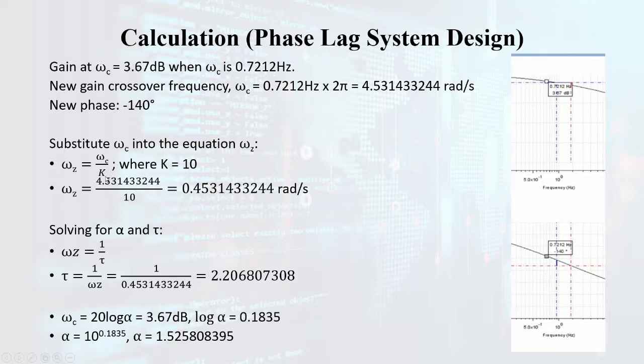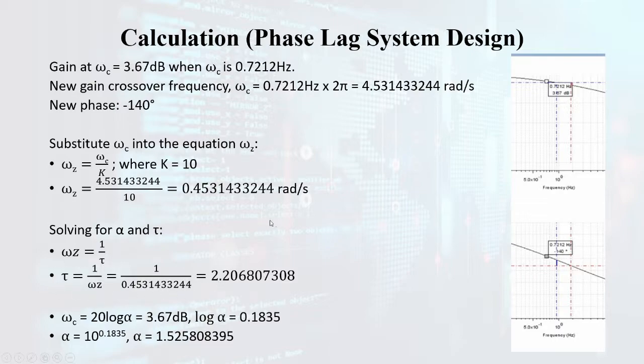Omega z equals omega c divided by k, where k is the constant, which is 10. After substituting the value into the equation, you will get 0.4531433244 radian per second. Next we have to find the value of alpha and tau. To find tau, we need this equation: omega z equals 1 over tau.